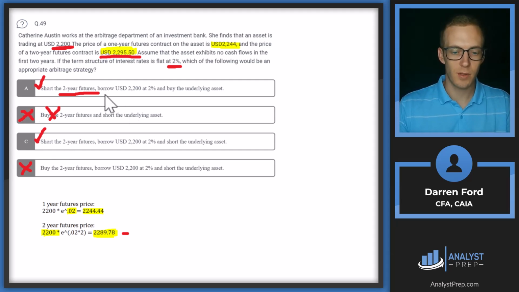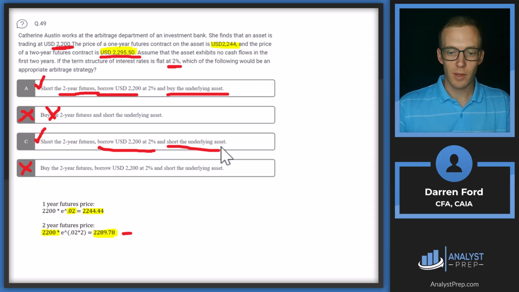So the rest of this is borrow 2,200 USD, which we have here as well at 2%. And then we either want to buy the underlying or short the underlying. By shorting the futures, we want the price to decrease, and we expect it to decrease based on our estimation and what they're currently trading at.